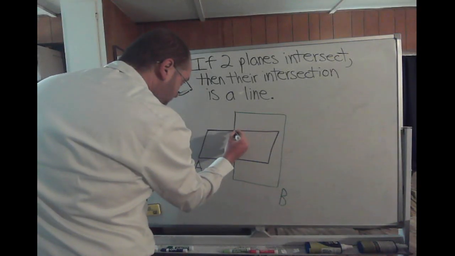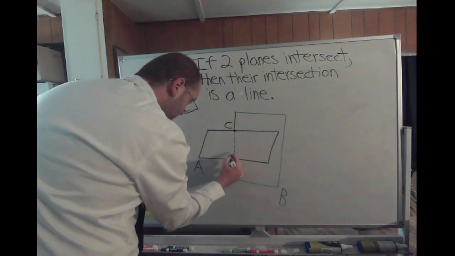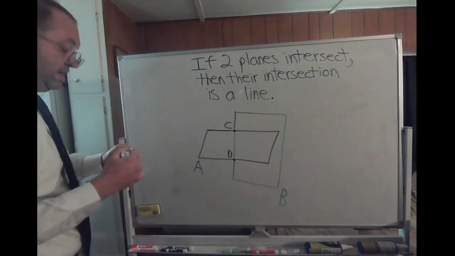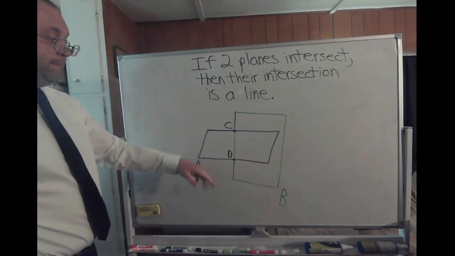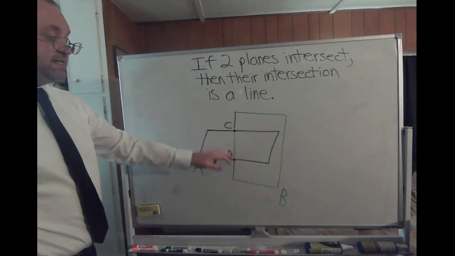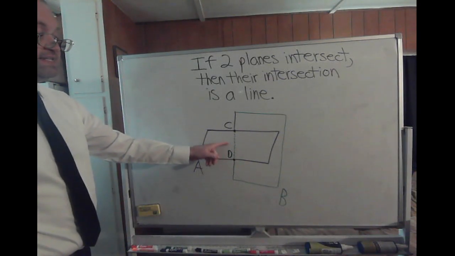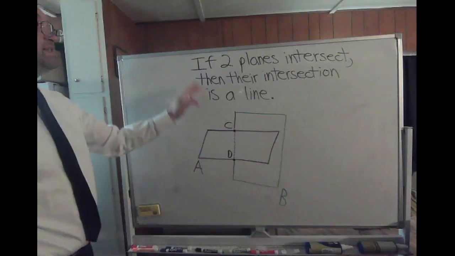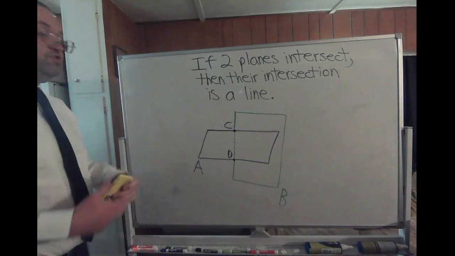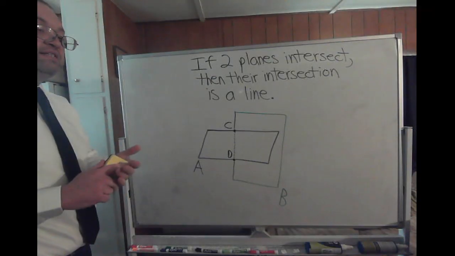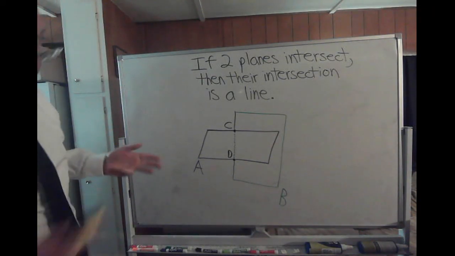I'll call this point C, I'll call this point D. Well, yes, we have plane A, plane B. They intersect at point C and D, or line CD. They intersect at line CD. So yes, this demonstrates that if 2 planes intersect, then their intersection's a line. Just like if 2 lines intersect, they intersect at one point. Well, if 2 planes intersect, they intersect at one line.